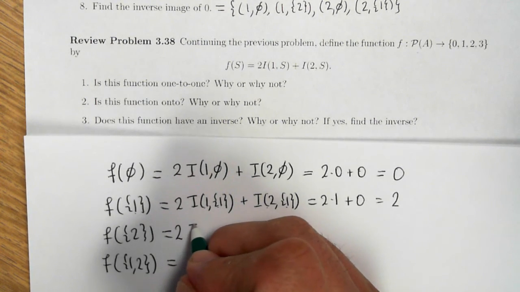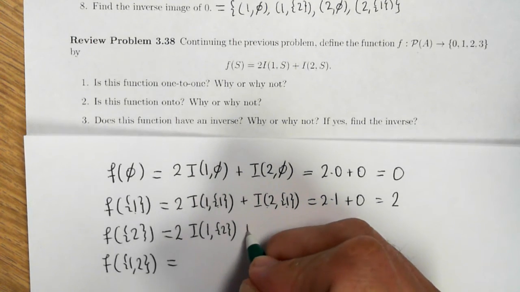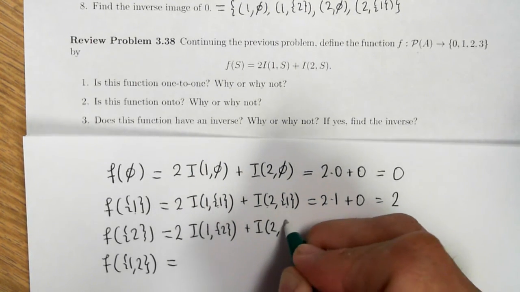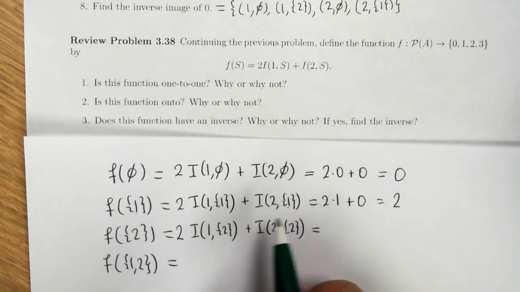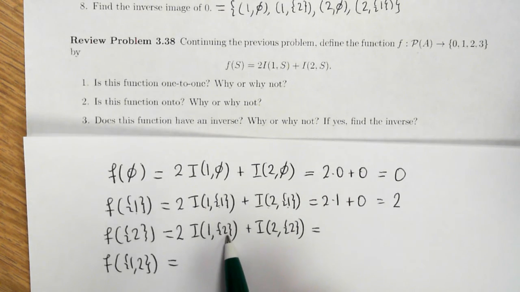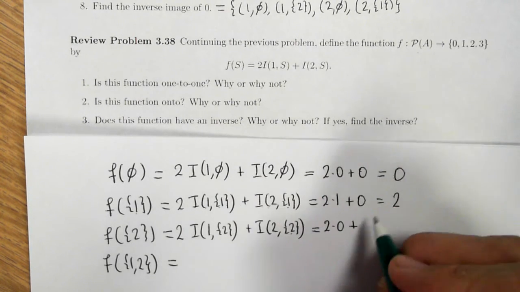Next, we have 2 I1 of the set containing 2 plus I2 of the set containing 2. Okay, 1 is not an element of this set, so I get 0 there. 2 is an element of this set, so I get 1.